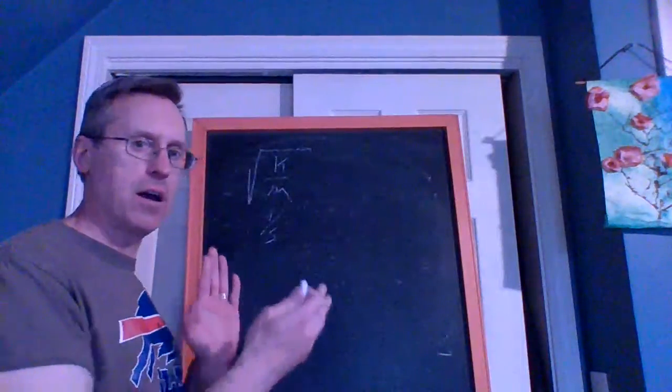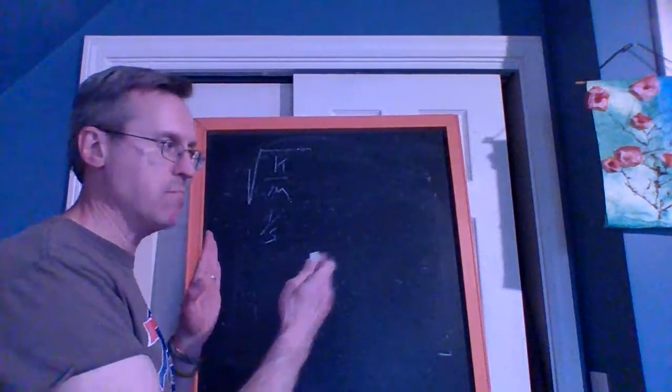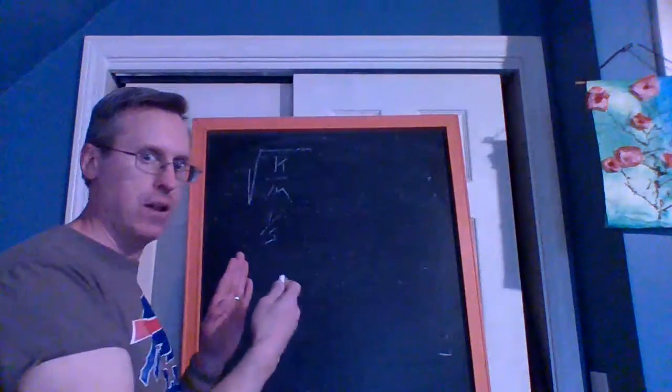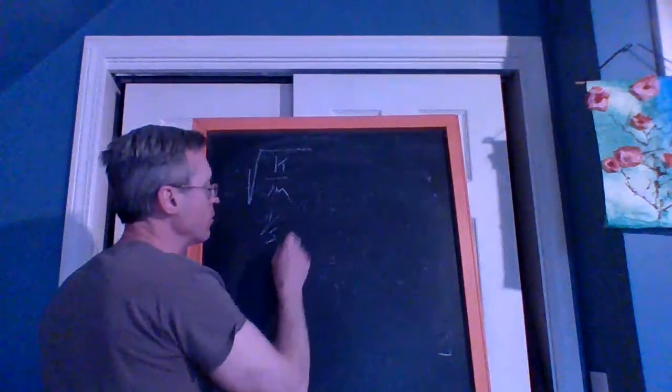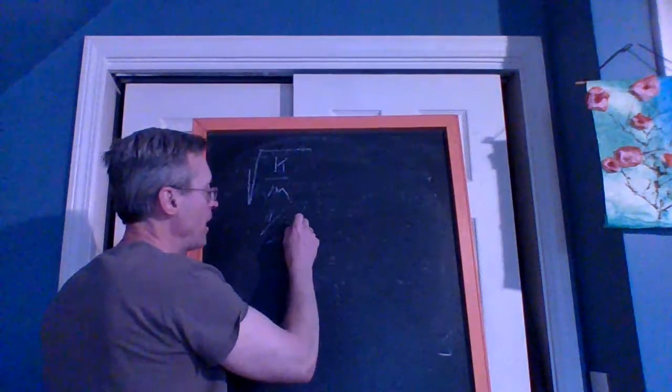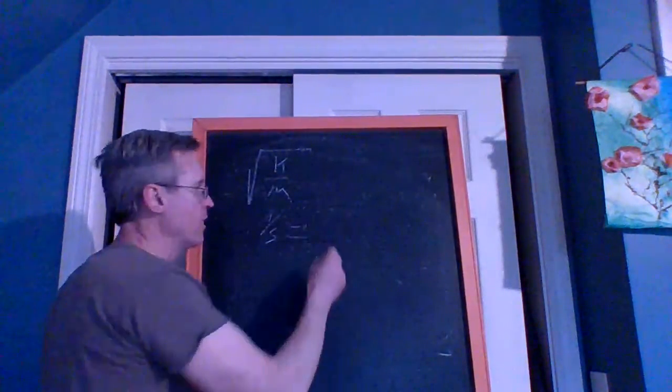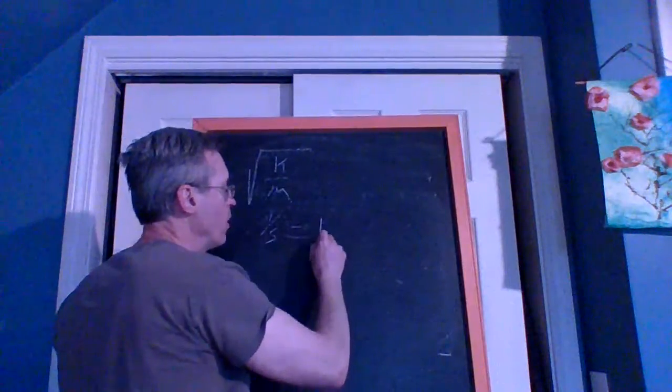For a mass on a spring, it's how many times the mass vibrates through one complete cycle in 1 second. Instead of saying 1 over seconds, we have a unit for that. It's called 1 hertz.